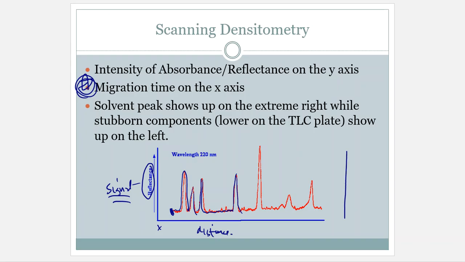So again, what's happening on the plate here is that this is my origination line. So that is where I start on the left-hand side of that graph, or densitogram, whatever they want to call it. So here's the start line, and as it goes up, I see a band that was appropriate here. And then right after that, I see another band. And then right after that, I see another band. And then there was a little bit of distance here. There was nothing going on as it traveled up and up and up that lane.